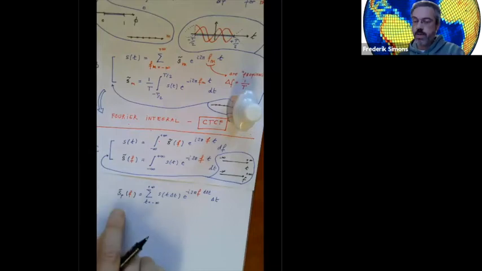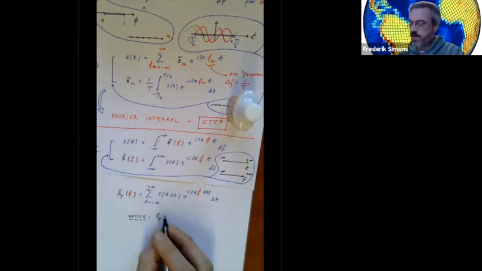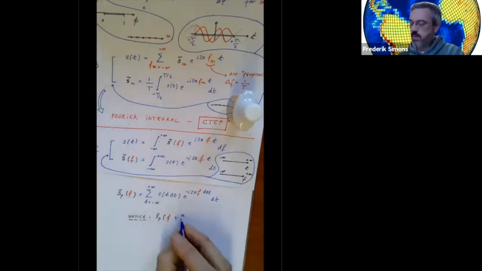Why do I call it S of P? Well, here's what we can notice. When we do it, and it doesn't take much to verify, if you take S wiggle P of f and you add to it some integer times 1 over delta t, then what you should do at home is to say, okay, what does that mean?